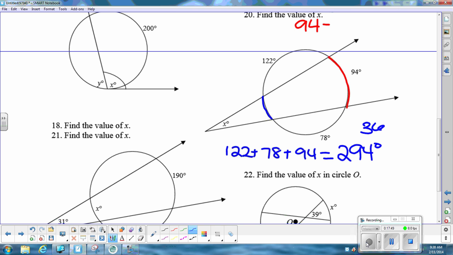Subtract that from 360. So this part here is 66 degrees. Then I have 94 minus 66 divided by 2, and this gives me 14 degrees.